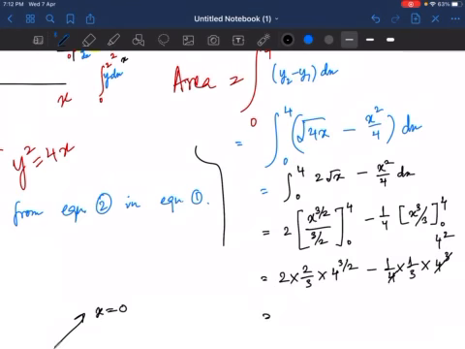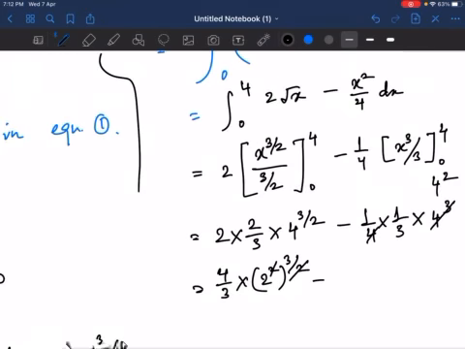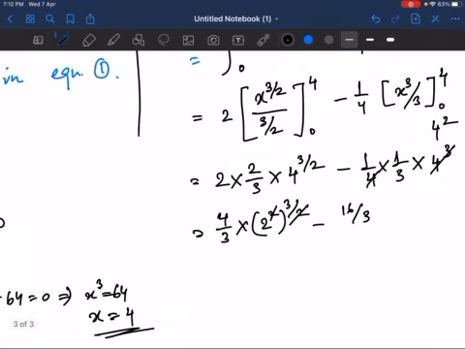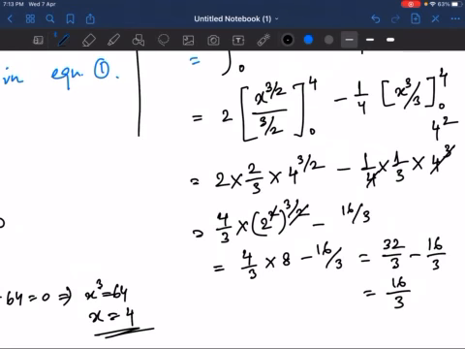And here this becomes 2 into 2, that is 4 by 3, plus this 4 we can write as 2 square, so 2 square to the power 3 by 2. So this 2 and this 2 get cancelled, minus this becomes 4 square, that is 16 by 3. So this becomes 4 by 3 into 2 cube, which is 8, minus 16 by 3, that is 4 eights are 32 by 3, minus 16 by 3, that gives us 16 by 3 as my answer.